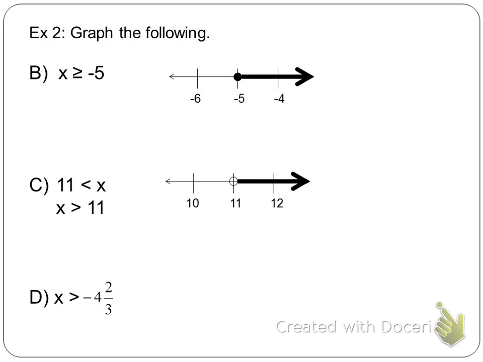All right, so x is greater than -4 2/3. So on your number line, would it matter if we did -5, -4 2/3, then -4 1/3?